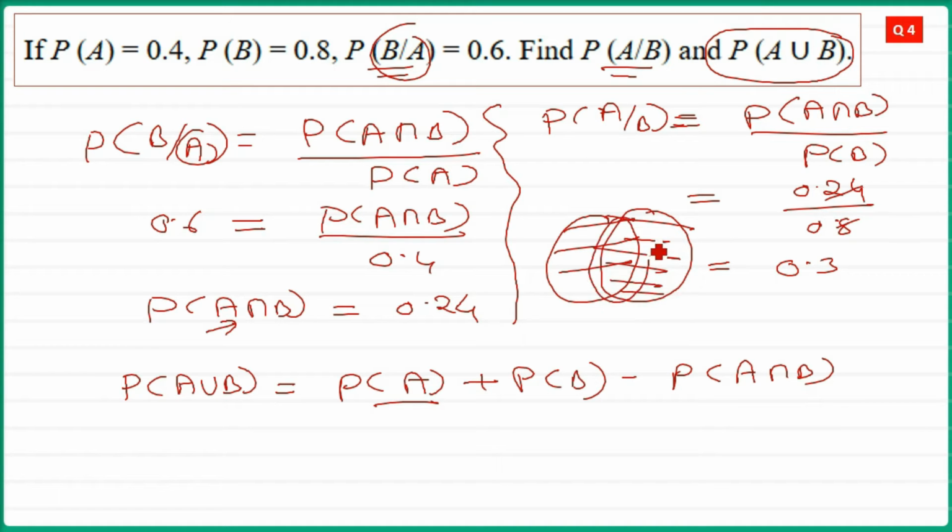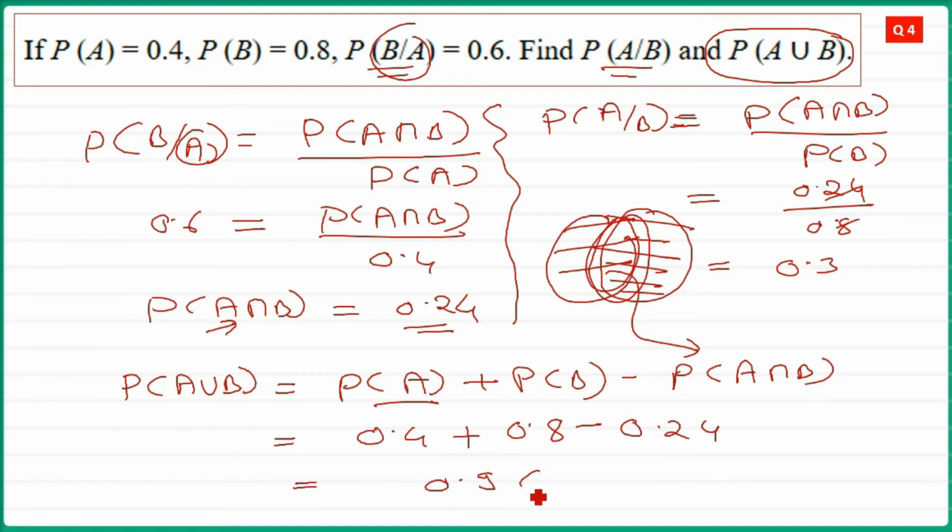So you are adding the intersection part twice, so you have to subtract it. So P(A) is 0.4, P(B) is 0.8, and P(A∩B) we have computed as 0.24, and this is going to be 0.96. P(A∪B) is 0.96.